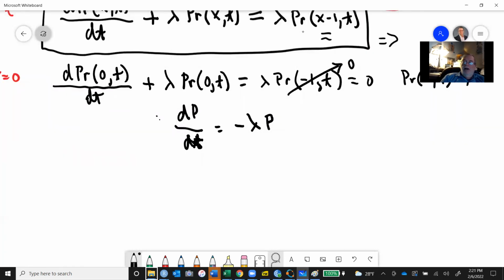Now, if we divide both sides by the probability and multiply both sides by the small change in t, and I'm not talking like a mathematician at all here. That's how the implicit algebra can work out, operator style. I get dp over p equals minus lambda dt.